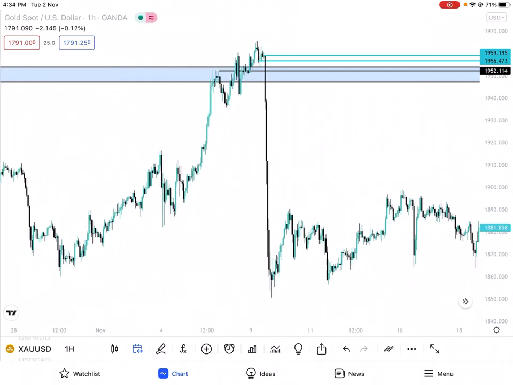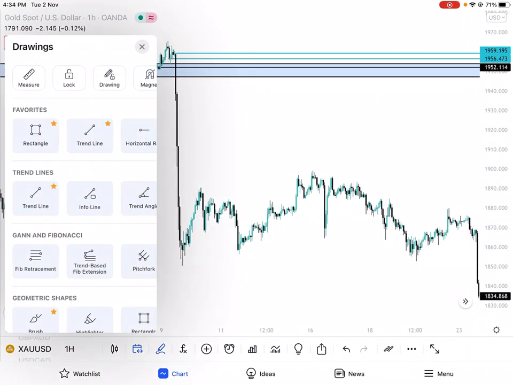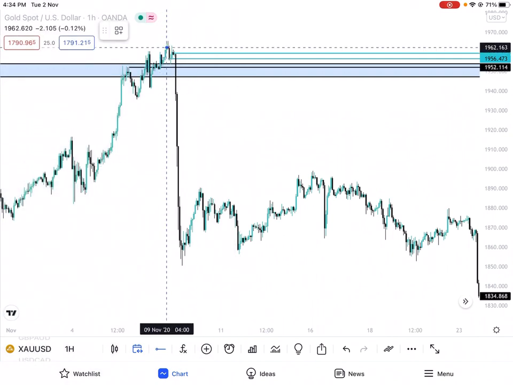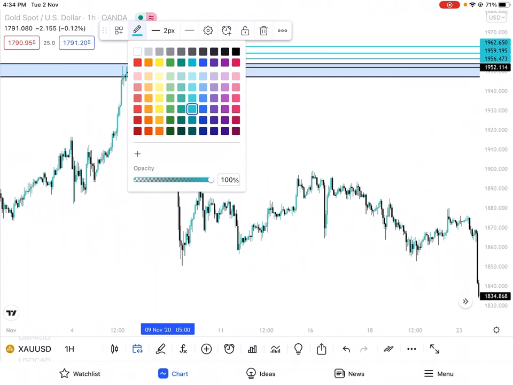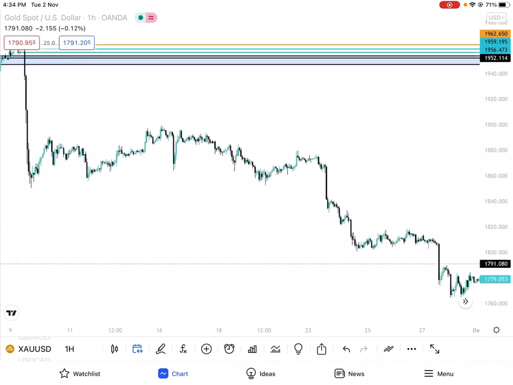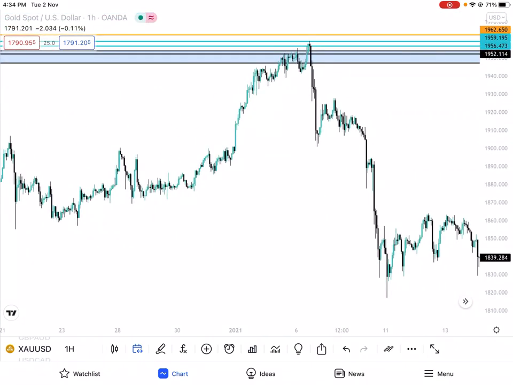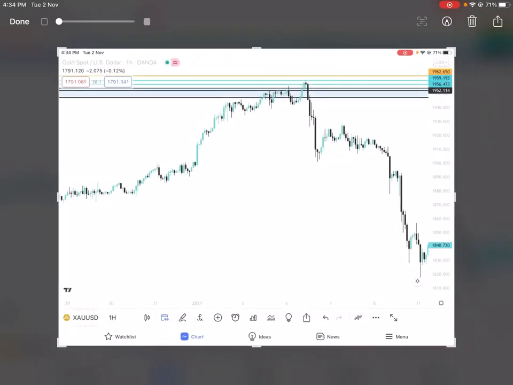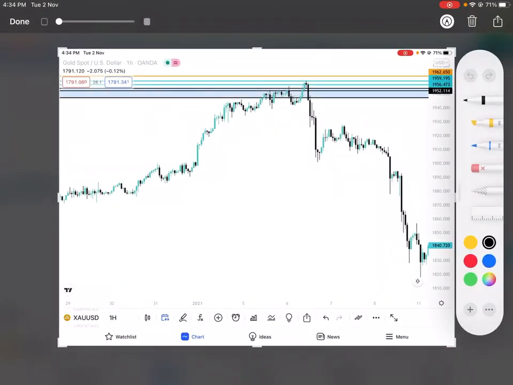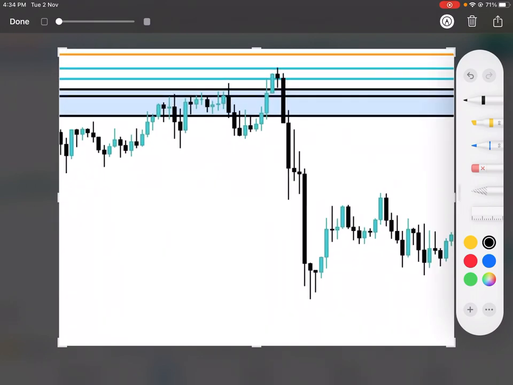So let's see whether the price approaches the first level or not. For example, I mark here, this is not the first zone, so I mark it with orange for us to see. See, the price comes back to the fresh level, the first zone.